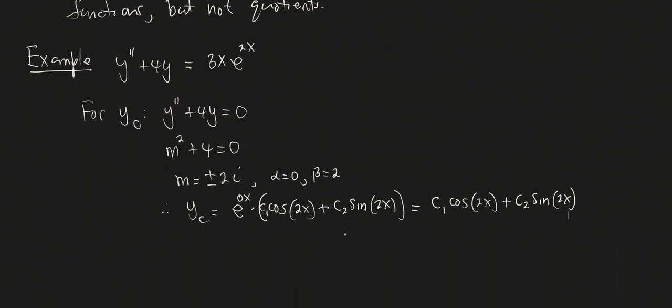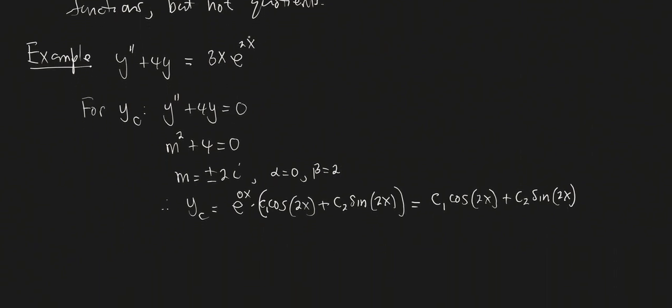Now, when we look at our function on the right-hand side, the output that we want, it's actually made up of the product of two types of functions, because this factor here is linear, a first degree polynomial, and then this factor here is obviously exponential, and it's a product.